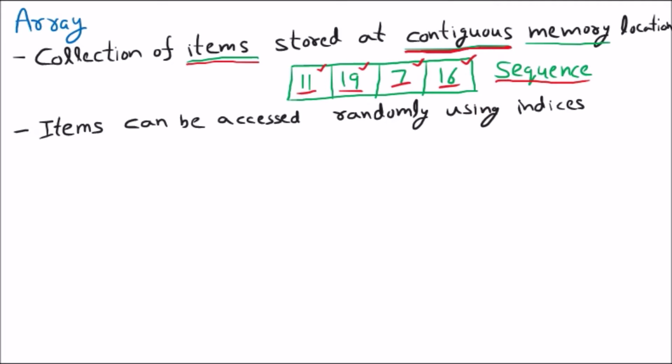That's why they call it the contiguous memory allocation. And now in the next line they are saying that items can be accessed randomly using indices. Indices means in the array every block is given a number starting with 0. So it is 0, 1, 2, 3. With the help of indices we can take out the number.